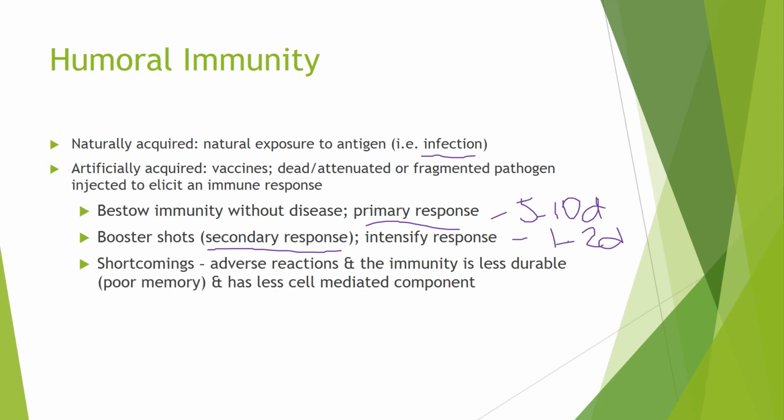Some shortcomings that occur with artificially acquired immunity include adverse reactions. Sometimes if you have the flu shot, you might get sick anyways, and the immunity has a poor memory, or there's less cell-mediated involvement in your immune system, which needs time in order to attack that artificially acquired pathogen.